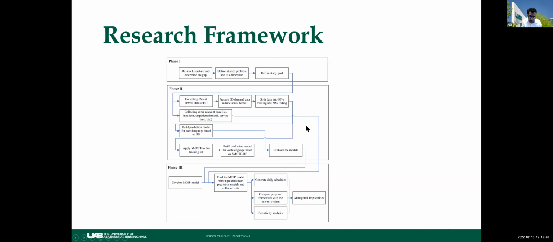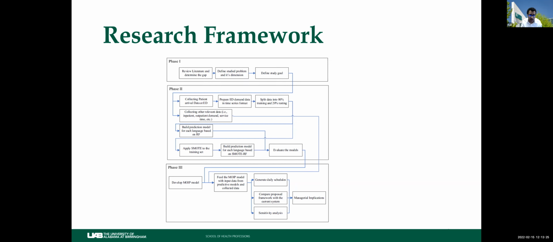After we collect the inpatient and outpatient demand and predict the emergency patient demand, we send this along with other data that we will see later on to a multi-objective optimization model to find the optimal schedule for the interpreters.